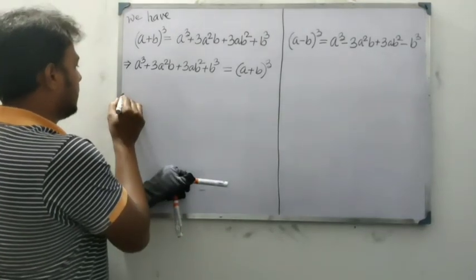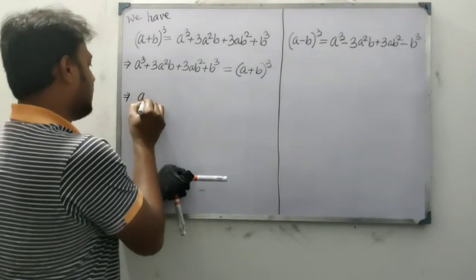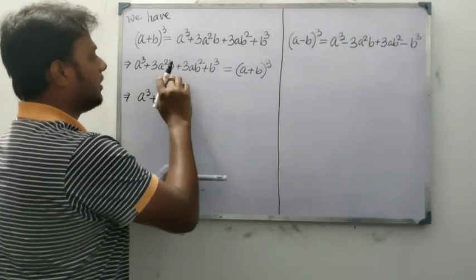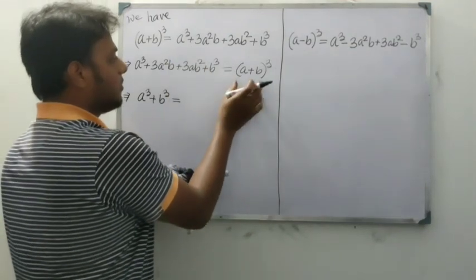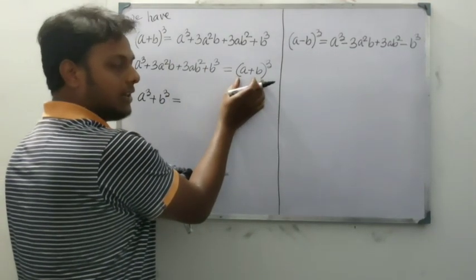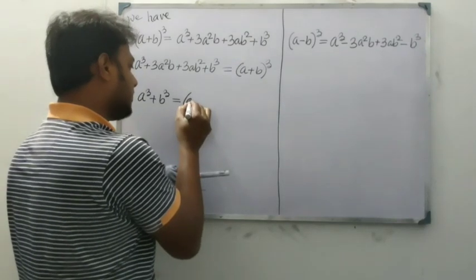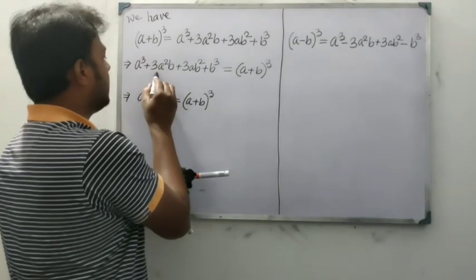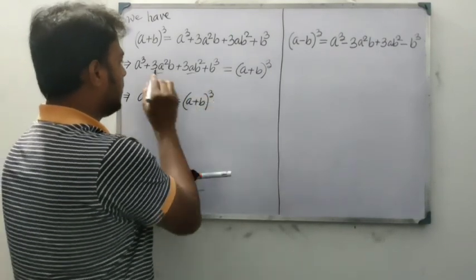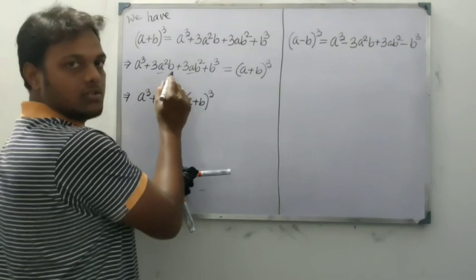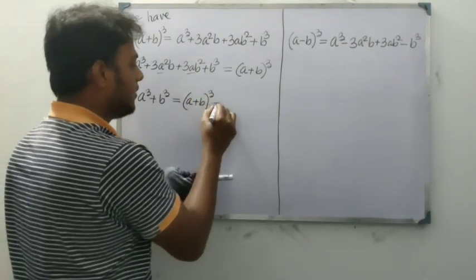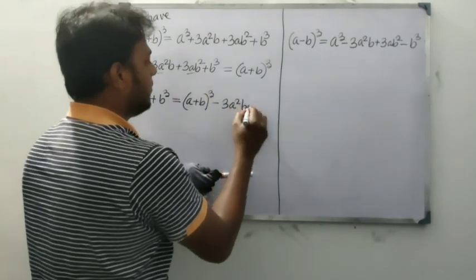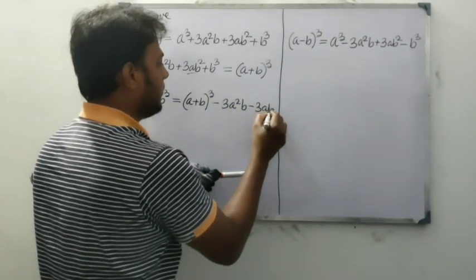So already in right hand side, (a + b)³ is there, so write it, and we have to consider this term and this term into another side. So if this is plus 3a²b, if we consider this term in another side, then it will be minus 3a²b, and this second one will be minus 3ab².